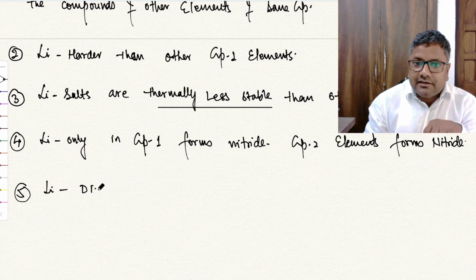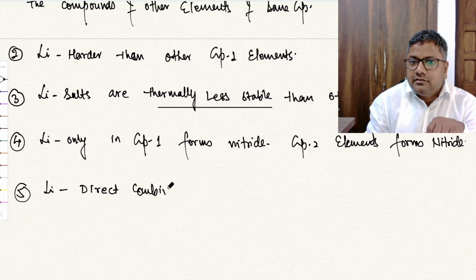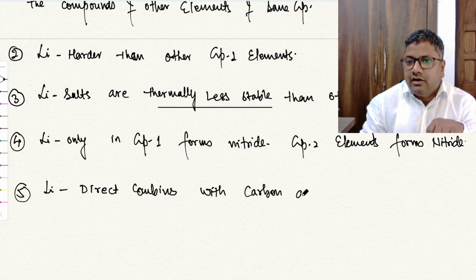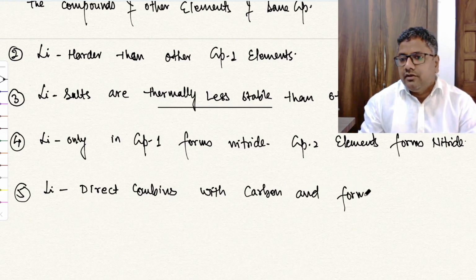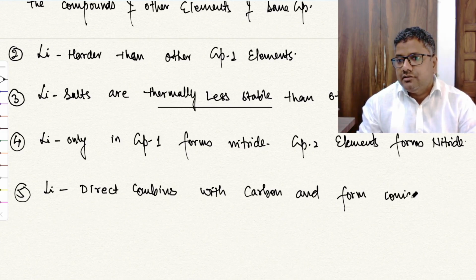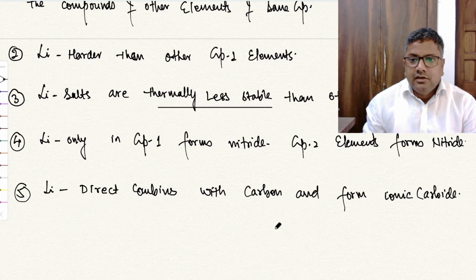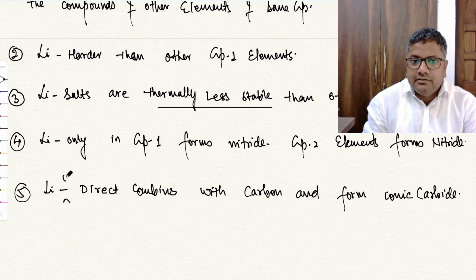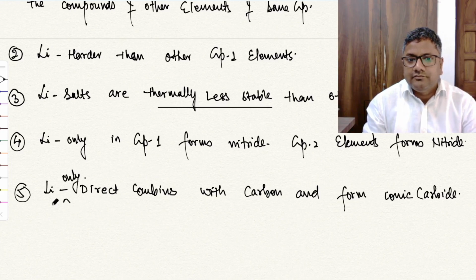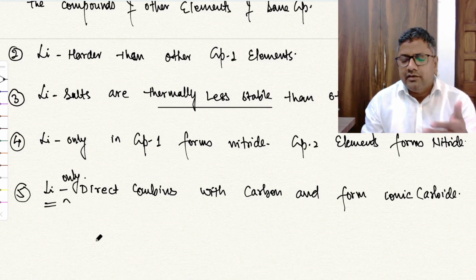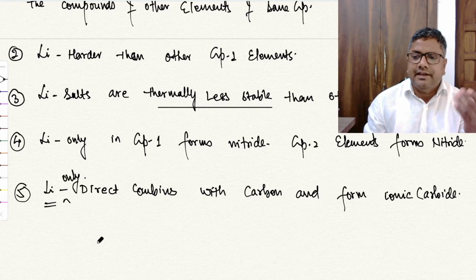So lithium directly combines with carbon and forms ionic carbide, right? Lithium only in group 1. Sodium also forms carbide, sodium acetylide and other similar compounds, but you know, that is indirect, not directly with carbon. Okay.